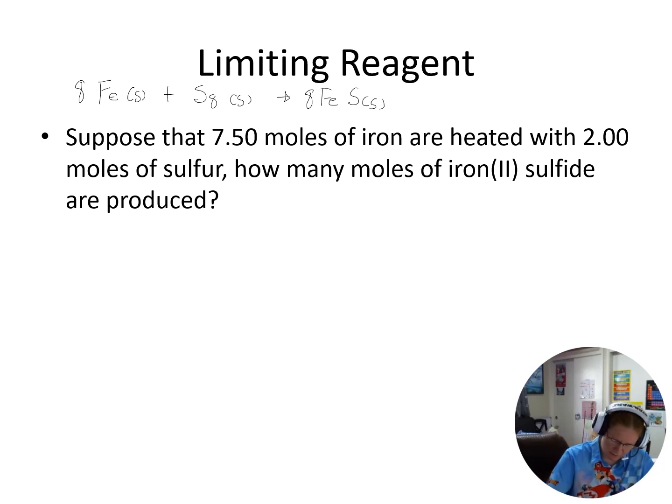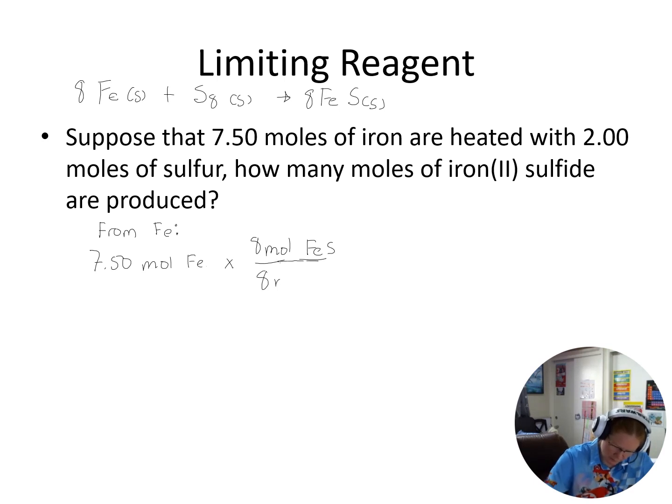All right, so from the starting amount of iron. Okay, so we'll take our 7.50 moles of iron. Our balanced equation tells us that we have 8 moles of iron(II) sulfide for every 8 moles of iron.